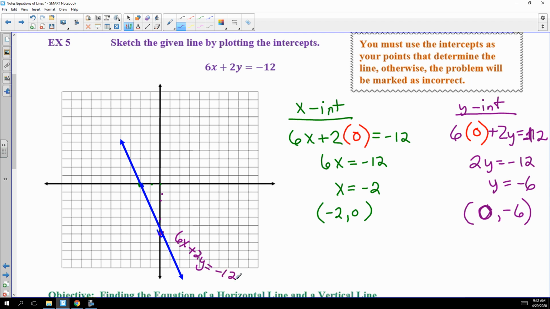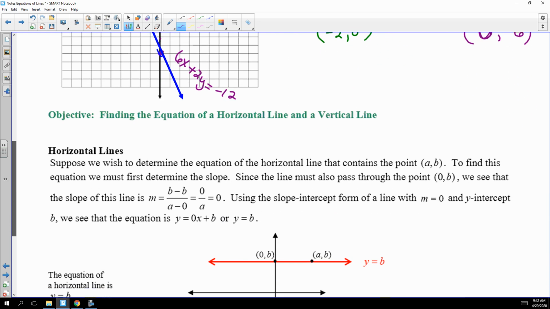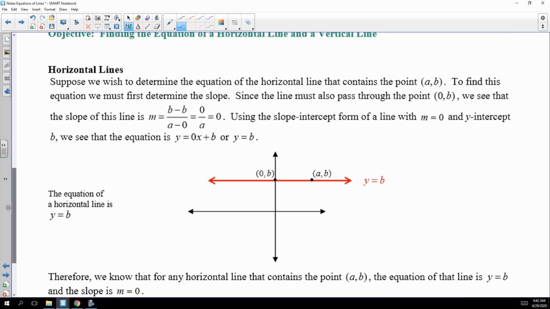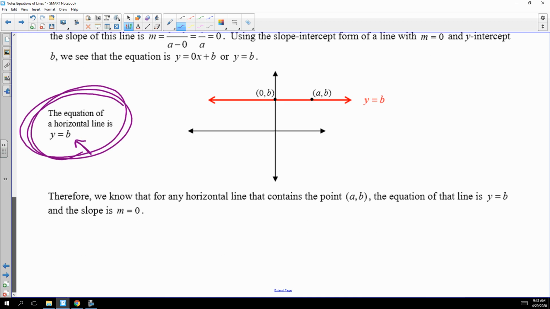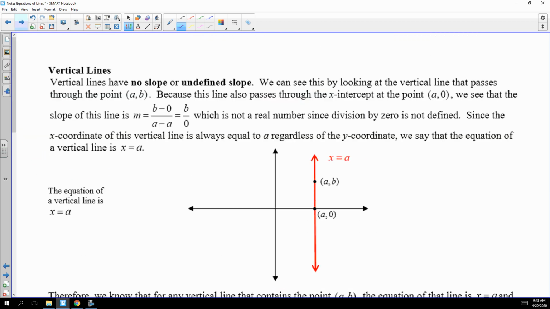All right, and then one more time, just to review horizontal and vertical lines. Remember that the slope of a horizontal line is 0, so the equation of a horizontal line is always y equals b, the y-intercept, a constant value. For a vertical line, the equation is always x equals some value, and we let a represent the x-intercept.